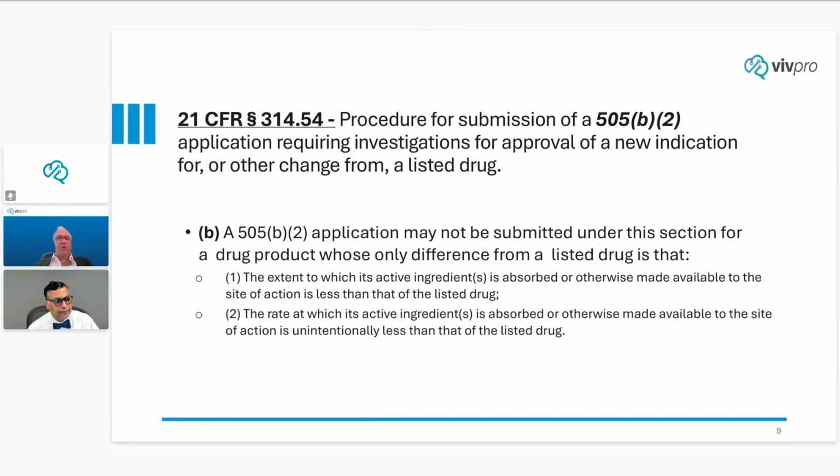Which means if you don't want to change the label and you have no reason to change the rate and extent of absorption, then you cannot use that 505(b)(2) route. Which means, in other words, they didn't want any generics that are less bioavailable, or any equivalent product that is similar to the listed drug, to use that pathway for approval.